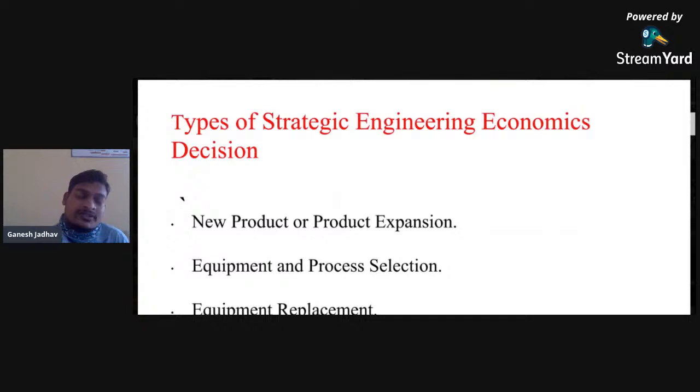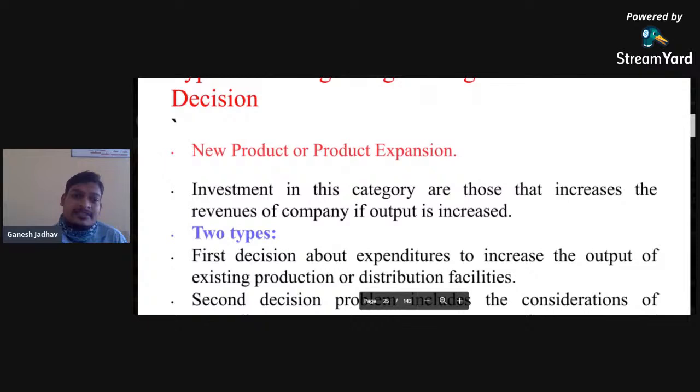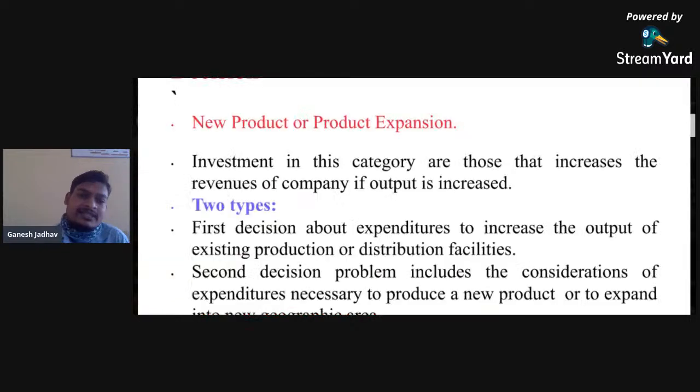Then another one is the new product or product expansion. So they say that the new product is the product strategy. What they say in this particular strategy: the investments in this category are those that increase the revenue of the company if output increases. There are two types.